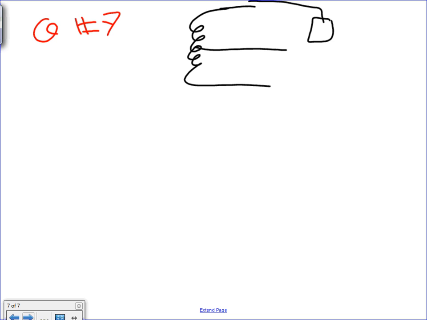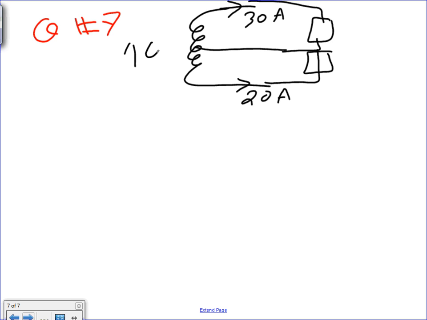Single phase, and there's a load here. So I have 30 amps coming in and 20 amps coming on this leg. This is a single phase system.